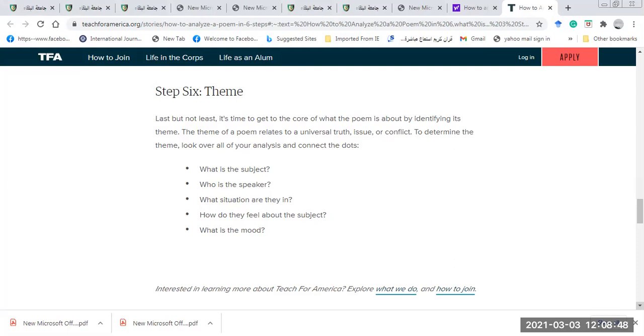This is your reaction. And what is the mood? Answering these questions, you can write your paraphrase, and here the whole answer is complete. The theme is presented, the structure is presented, and we can say that you analyzed the poem in a good way.